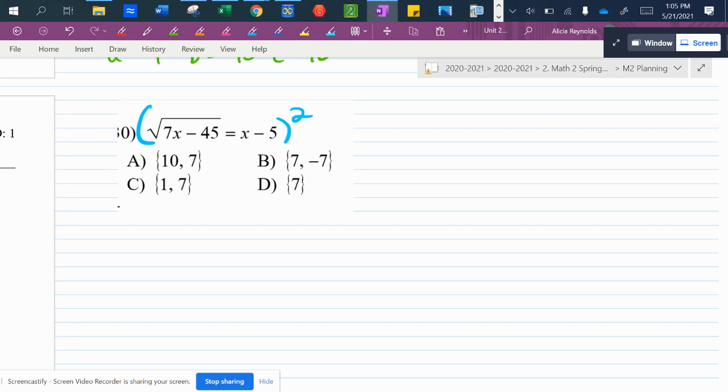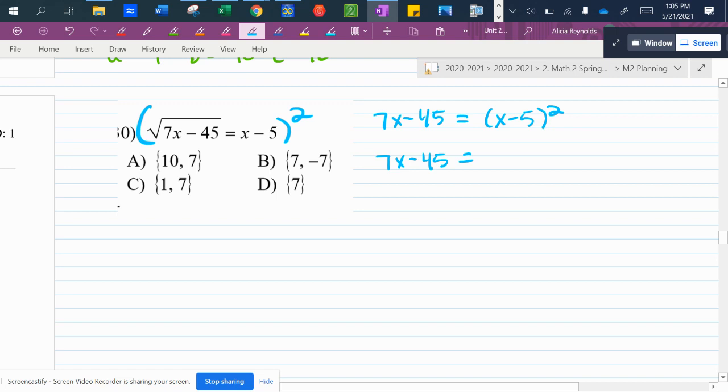So when I square both sides, I get 7x minus 45 equals x minus 5 quantity squared. So that's very important that we realize that I have to square this as a binomial, which is going to then become a perfect square trinomial that will need to factor back down once I set this equal to 0.